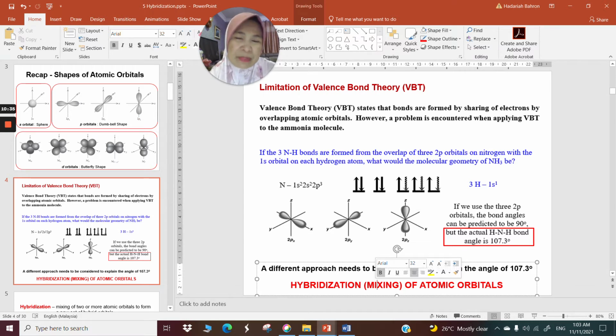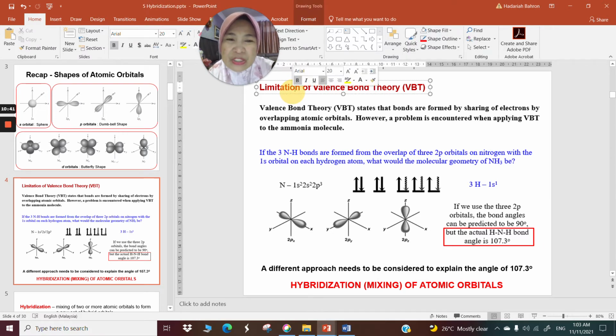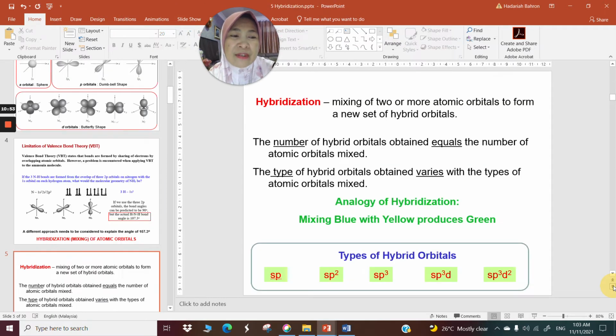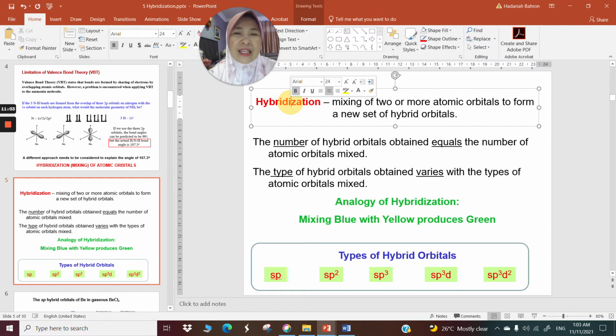So the s is mixing with the p, so to speak. So that is the limitation of valence bond theory, and I'm going to introduce to you the concept of hybridization of atomic orbitals so that you could predict correctly the shape or the bond angles in ammonia, for example. Now, what is hybridization?